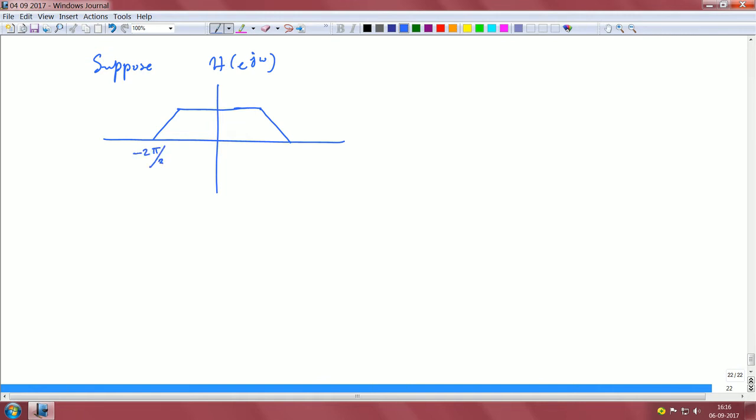This corner point is 2π upon 3, that is the stop band is at minus 2π by 3, the pass band is limited here to minus π by 3 to plus π by 3, this is the other corner point.